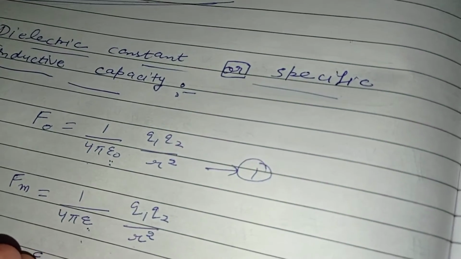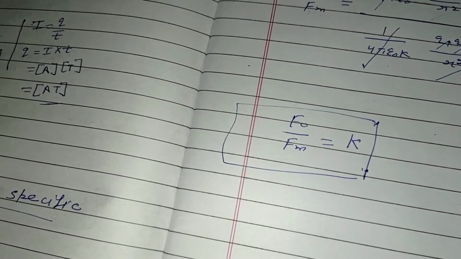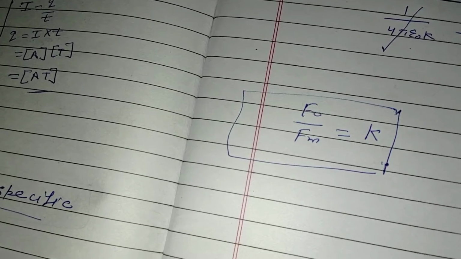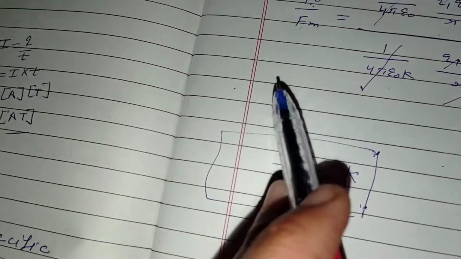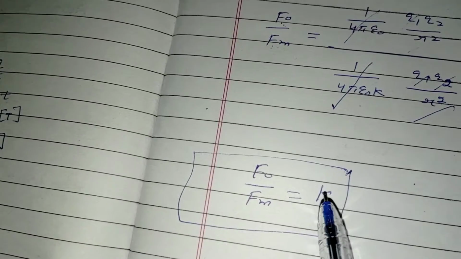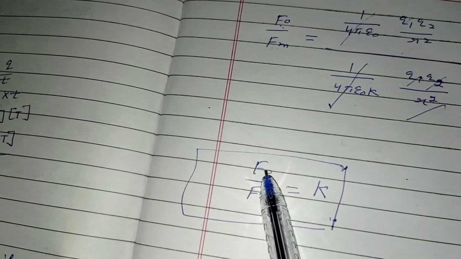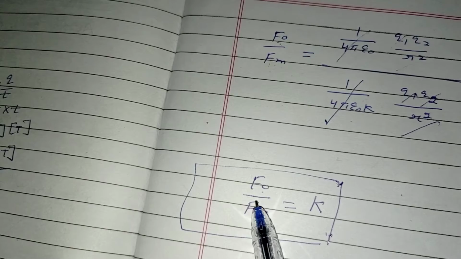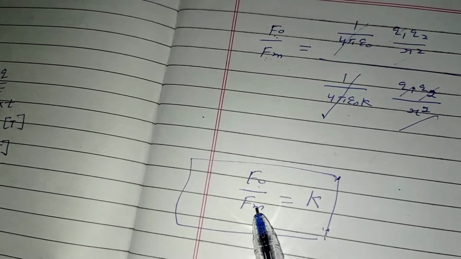Our topic was dielectric constant or specific inductive capacity, and by applying Coulomb's law when charges are placed in vacuum and when charges are placed in a medium, we make the calculation and find that the dielectric constant is the ratio of forces between point charges when they are placed in a vacuum to the force between the charges when they are placed in any medium.